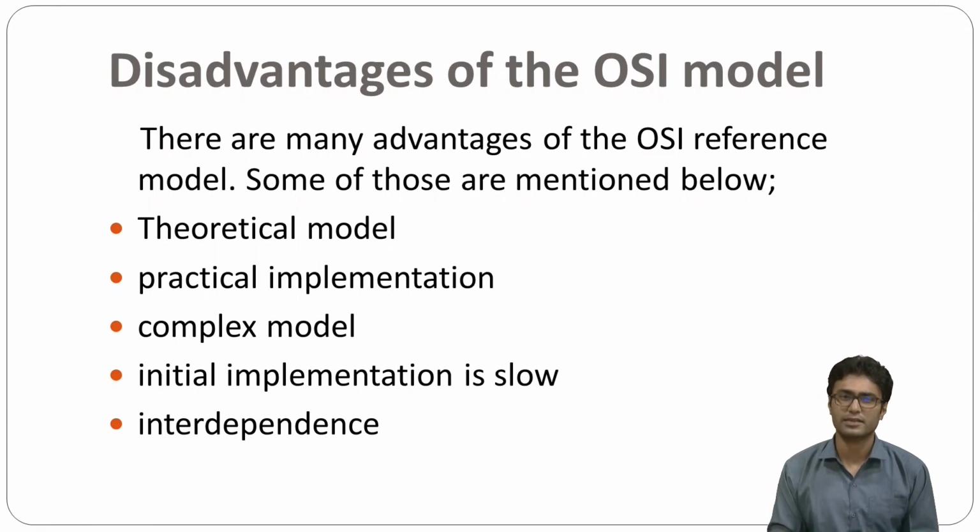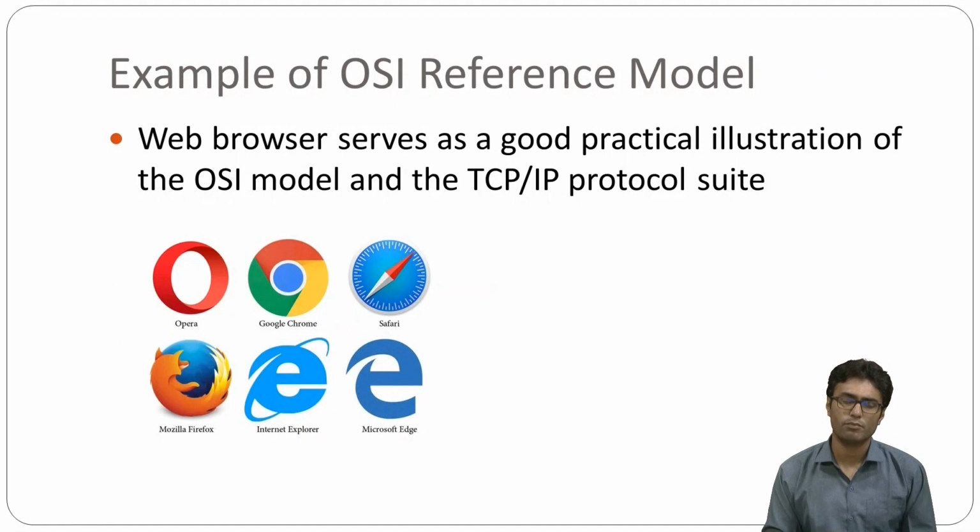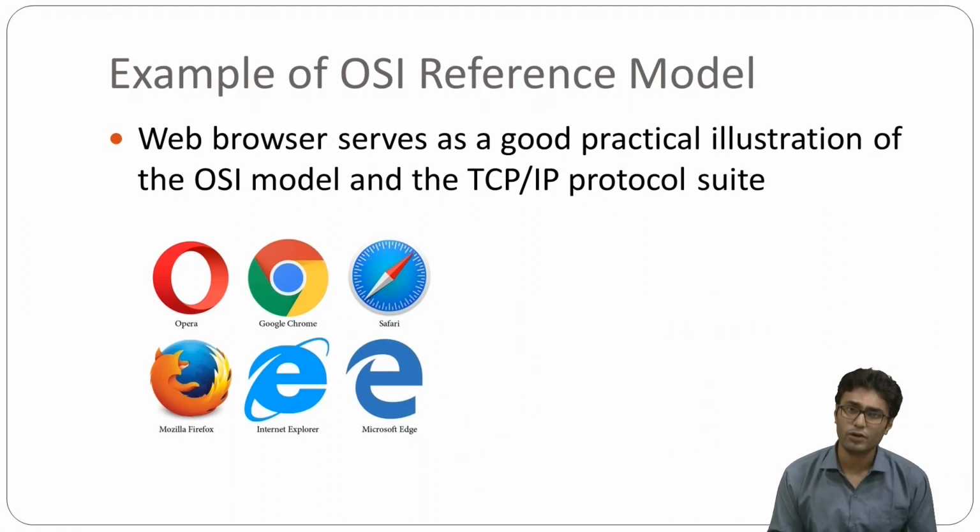Now we will discuss an example of the OSI reference model. Actually, a web browser serves as a good practical illustration of the OSI model and TCP/IP protocol suite. The web browser serves as the user interface for accessing the website.